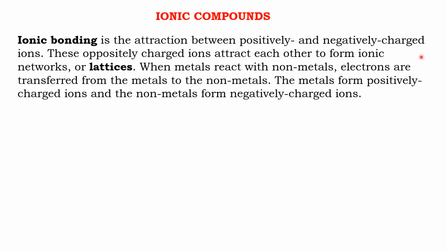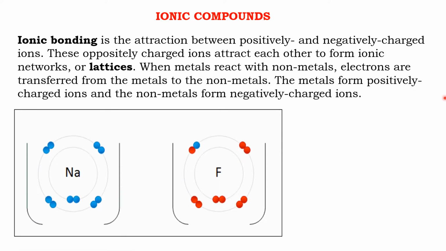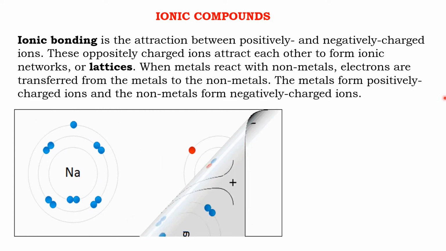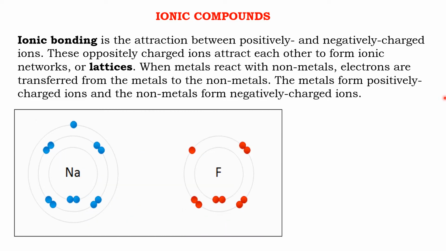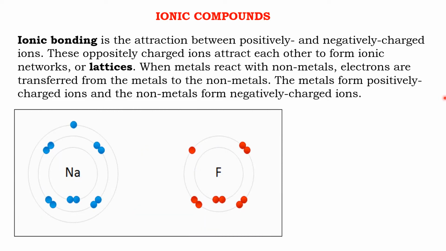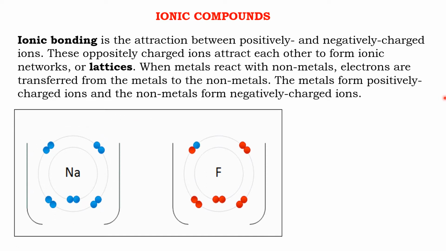See here, when we take the example, sodium is combined with fluorine to form NaF. So the sodium is transferring the electrons to fluorine. As a result, Na+ is forming, F- is forming. So Na+ and F- attract together to form the NaF crystal.